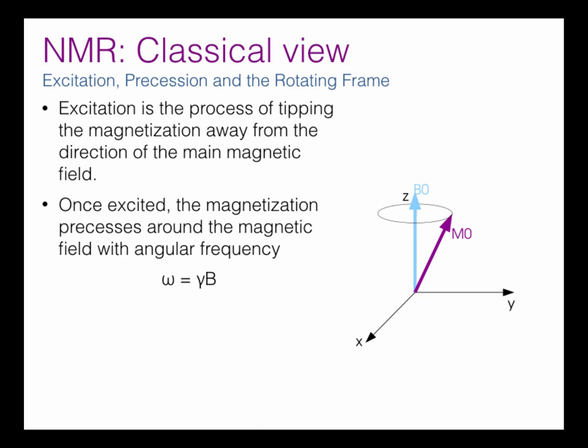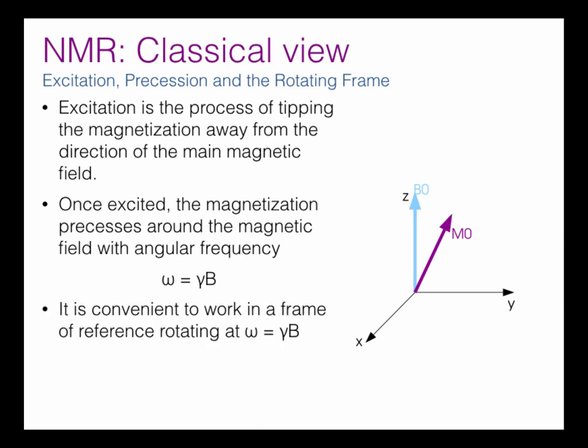You saw this yesterday. So when we see it rotating with angular frequency omega equals gamma B. In general, though, when we're thinking about things like this, it's convenient to work in a rotating frame of reference, so the frame itself is now rotating. And that means the magnetization, instead of spinning around at hundreds of megahertz, which is difficult to deal with, you can think of as now kind of frozen in place.